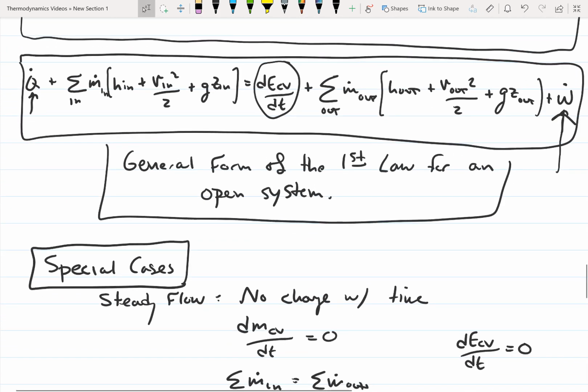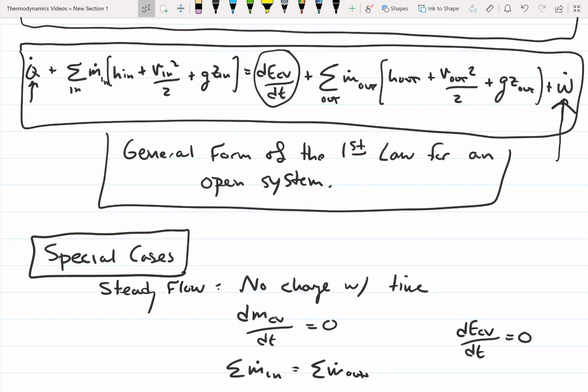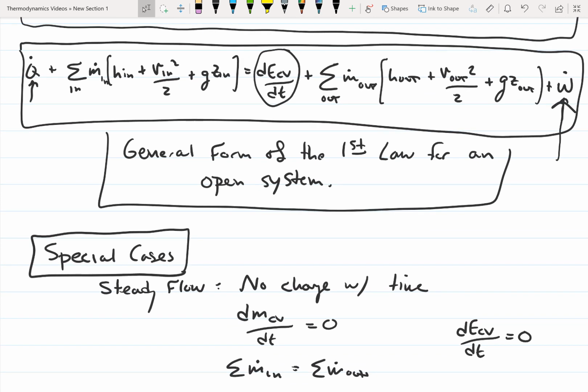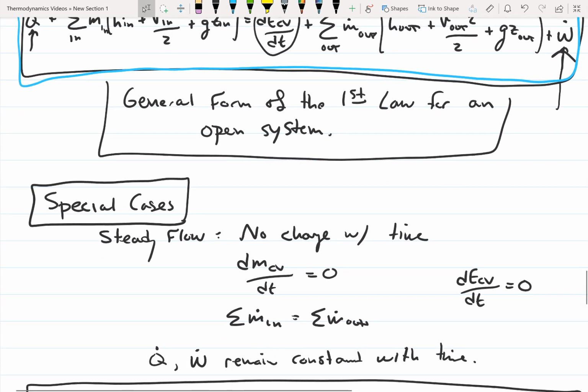Alright, so just going back up to what we've done. In this video, we derived the general form of the first law for an open system, which was this equation. This is just the really general form of the first law equation for an open system. And then we looked at some special cases.